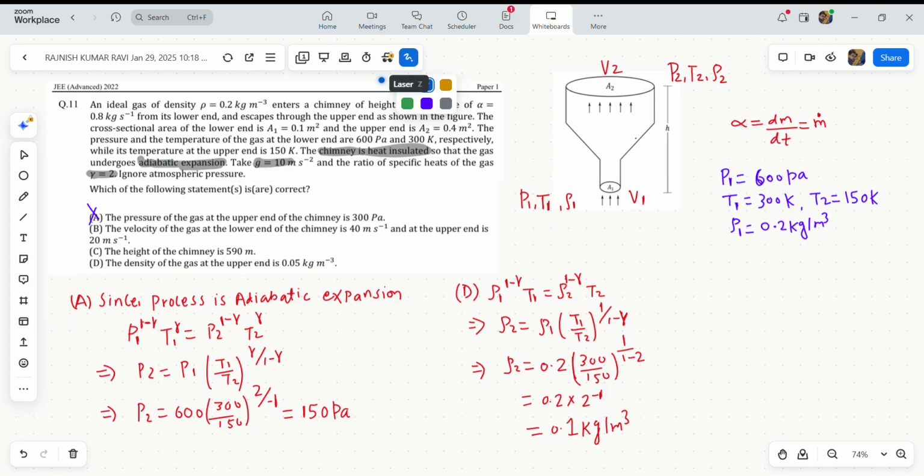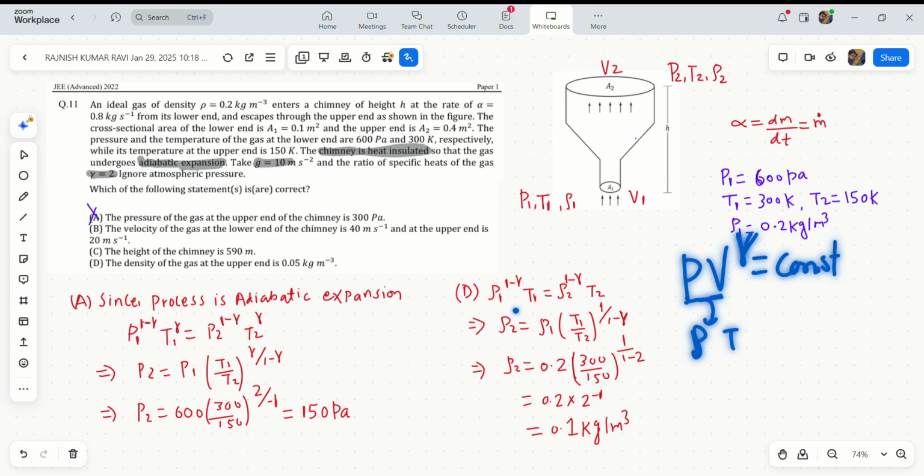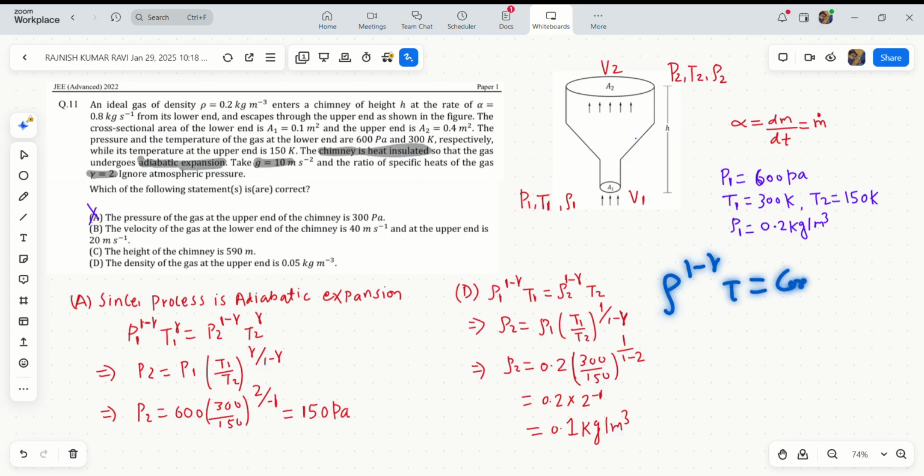Now coming to option D, we have to find the density of the ideal gas coming out from the upper end. If we write the equation of the adiabatic process, P V to the power gamma equals constant, in terms of density rho and T, we can write rho raised to the power 1 minus gamma into T equals constant.